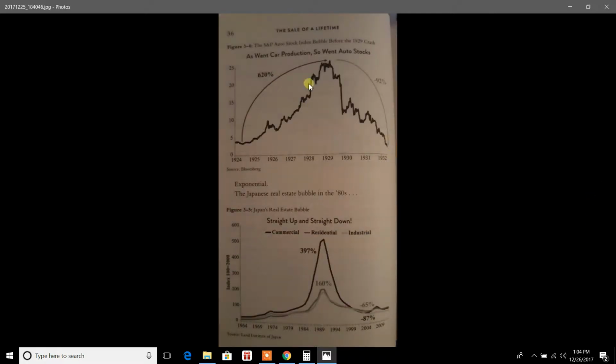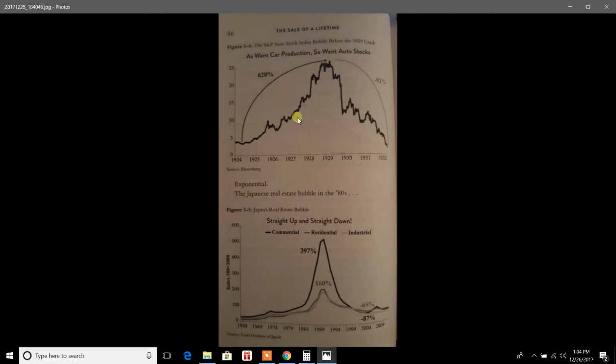We'll go on here. He gives you some other charts to look at, and in these charts he's saying that basically when you go into these bubbles, they come down, they don't correct, they basically fall in price, free fall, just as fast as, actually faster than what they went up in price action. And as you can see here, we went with the car production. This is the S&P Auto Stock Index bubble before the 1929 crash.